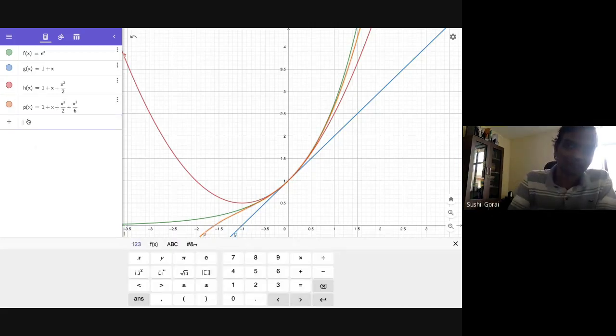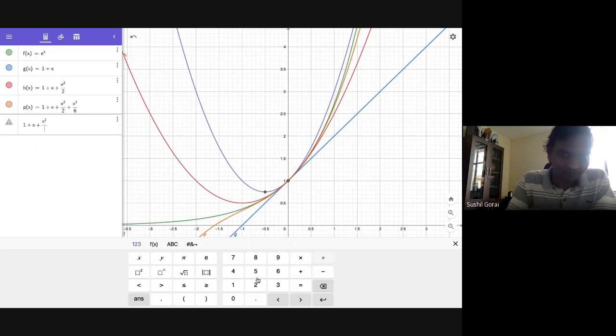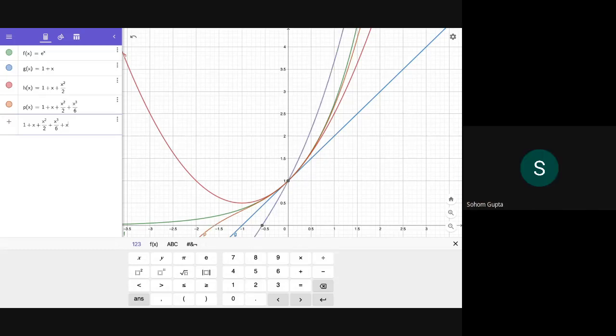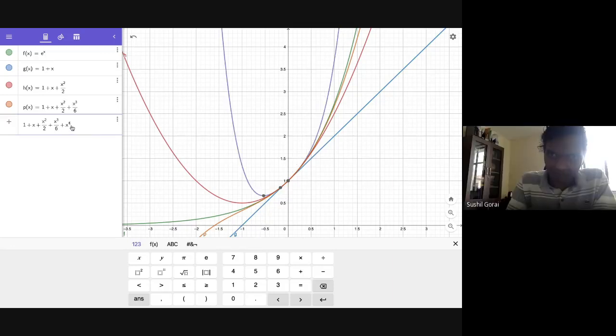So let's add one more term. What will be the next term? x to the power 4 by 24.